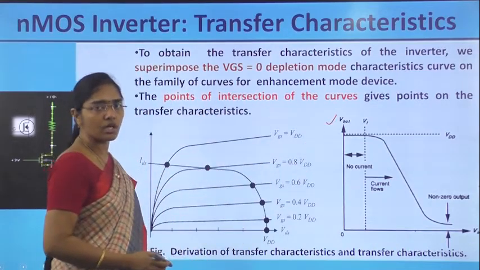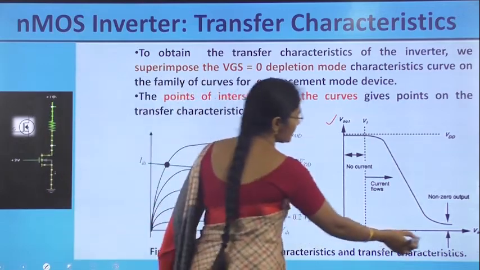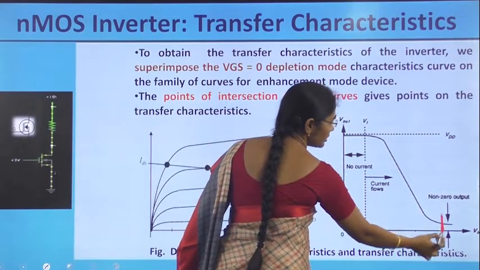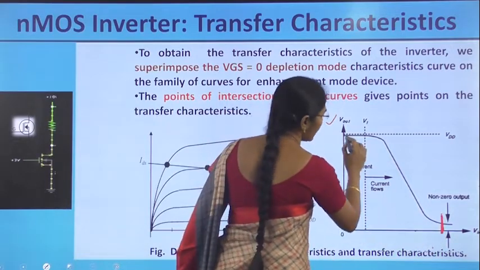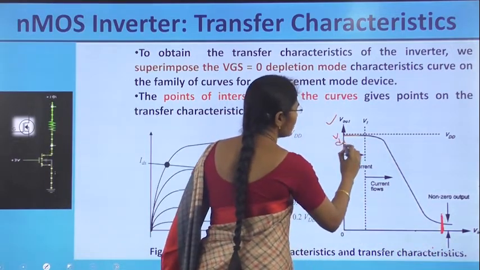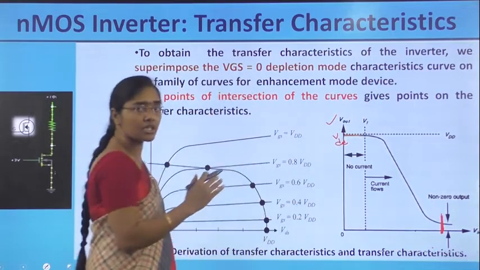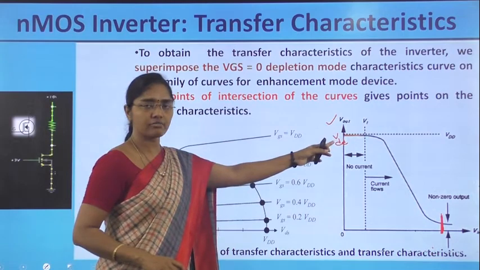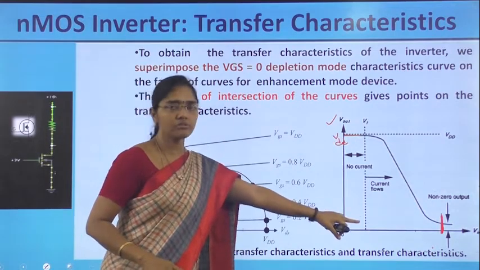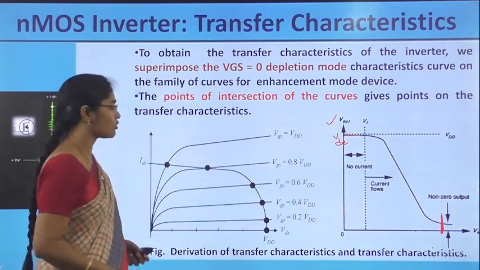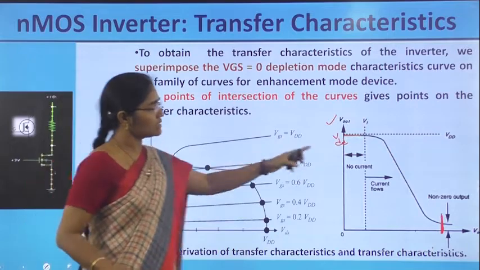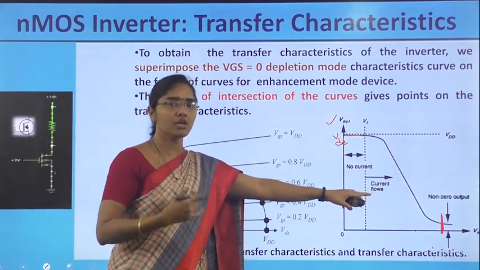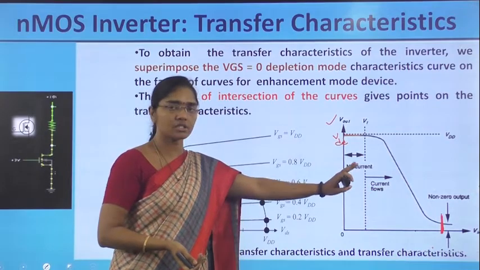Vin versus Vout, Vout on the y-axis and Vin on the x-axis, and here the output is non-zero for the logic high input and the output is full VDD for the logic 0 input. So full swing for the logic 1 output and non-full swing for the logic 0 output. These are the transfer characteristics based on the operation with Vin 0 and VDD application.